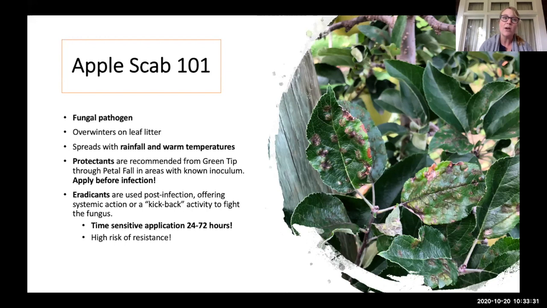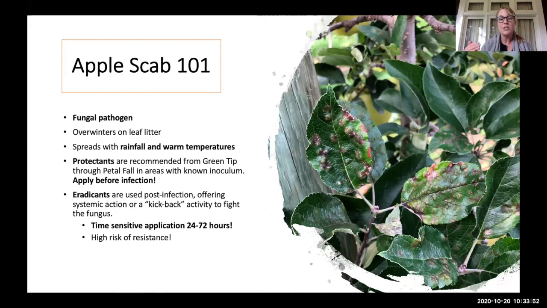And we have two spray options as growers. We can choose to put on a protectant spray that would go on in the early stages of growth from green tip through to the petal fall period, where we would try to apply the spray ahead of an infection period coming. So looking at the weather forecast that's provided on BC DAS, looking for an opportunity to apply before.